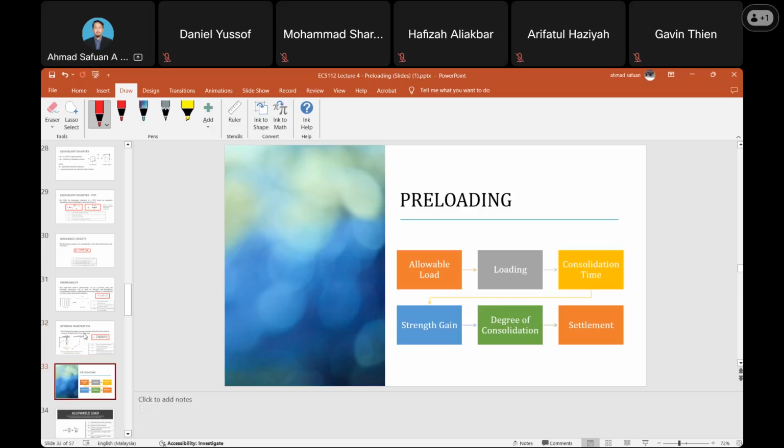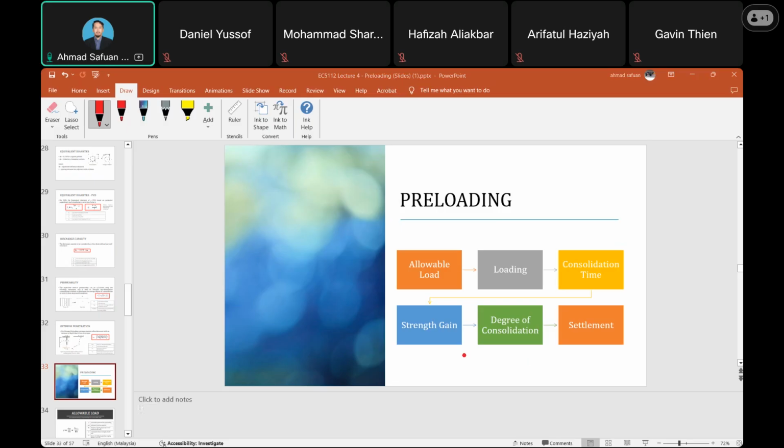So now we look at the preloading. That is for the PVD and also a little bit on the vacuum preloading. So now we look at the preloading: allowable loading, consolidation time, strengthening, degree of consolidation.